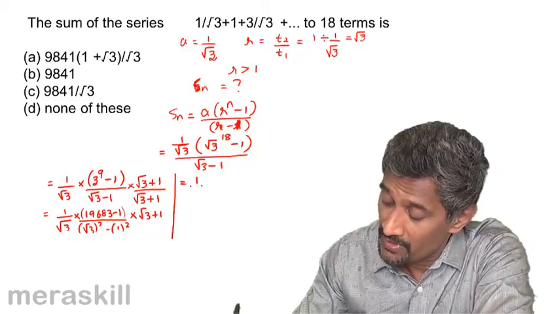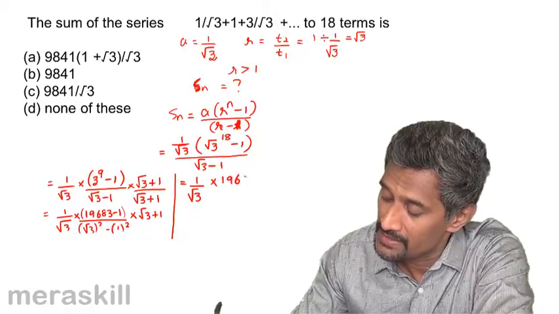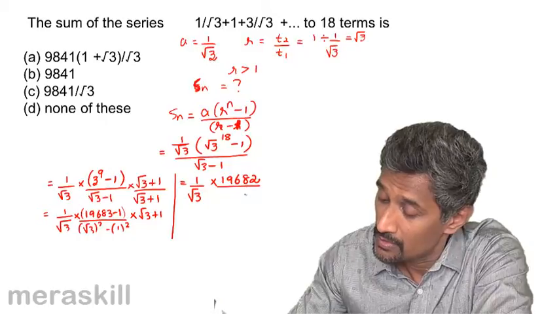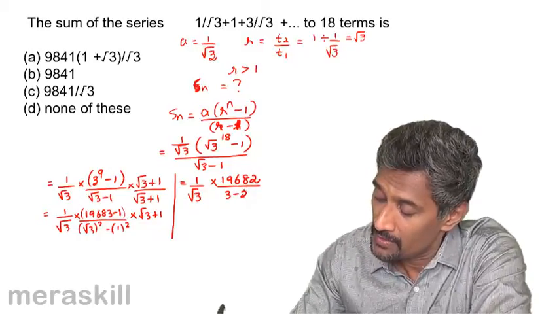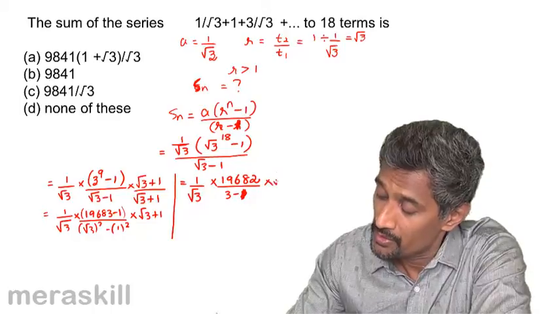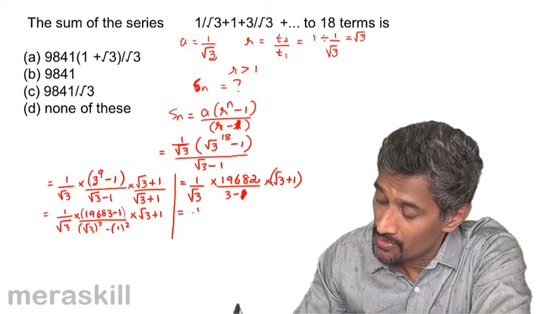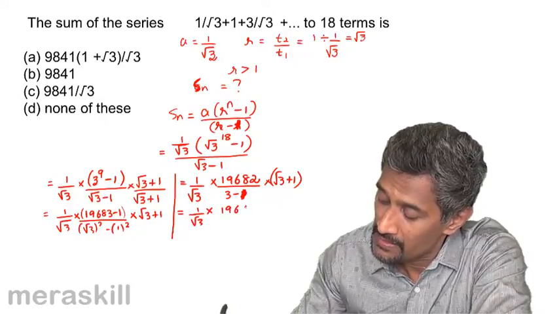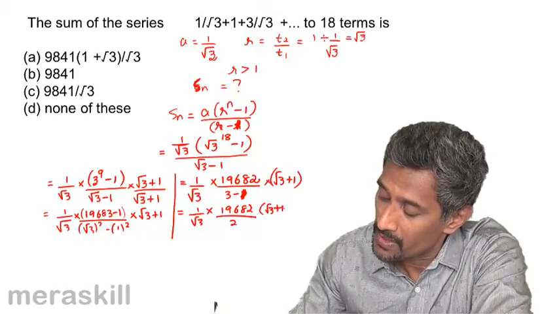That will turn out to be 1 upon root 3 into 19682 upon 3 minus 1 into root 3 plus 1, and this will turn out to be 1 upon root 3 into 19682 upon 2 into root 3 plus 1.